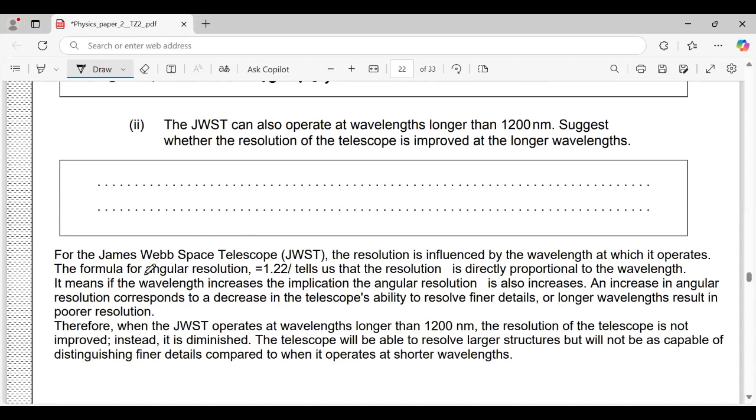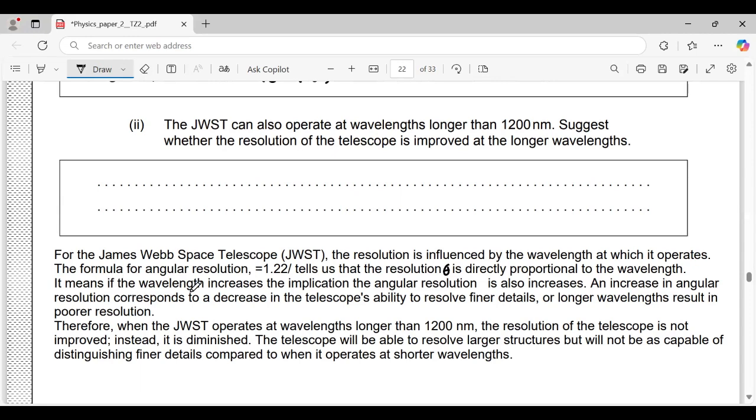The formula for angular resolution is 1.22 lambda over d, which informs us that the resolution theta is directly proportional to the wavelength.